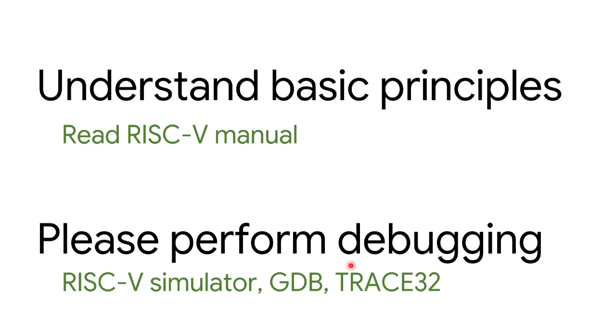We have various RISC-V simulators and GDB debugger, even Trace32 debugger. Using this kind of debugging program, you're going to see how the registers can be changed, how the special register could be used for the special purpose.